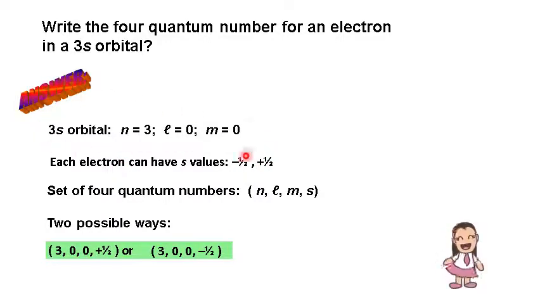The question asks for one set of quantum numbers, so you have to write as (n, l, m, s) in brackets. So the answer is (3, 0, 0, +half) or (3, 0, 0, -half).